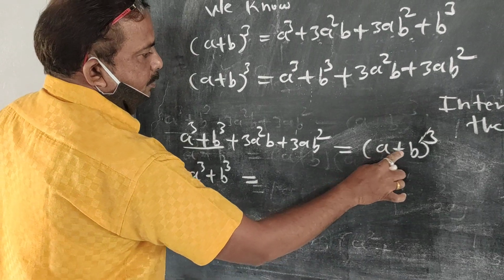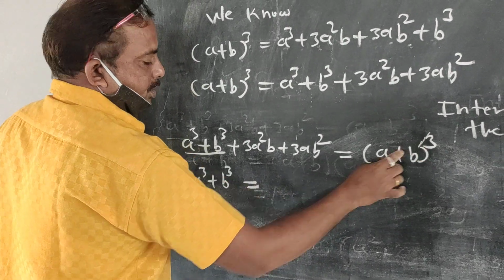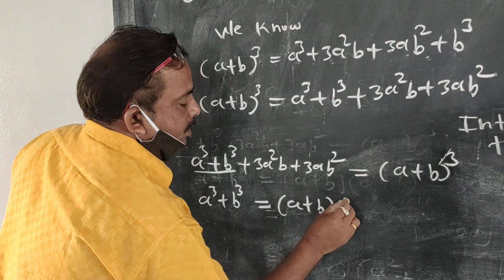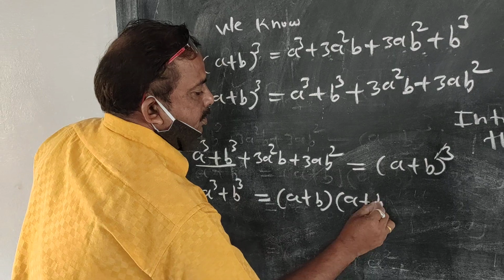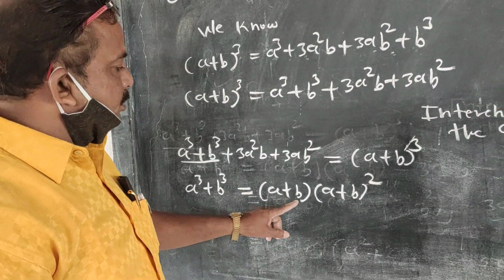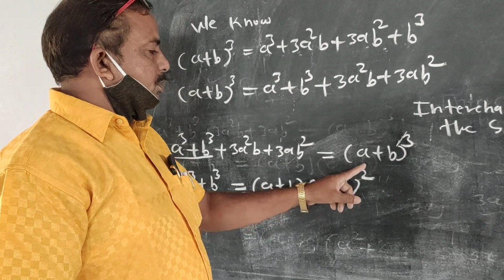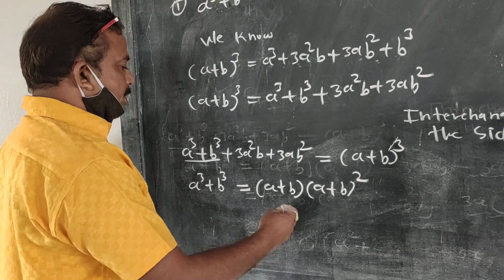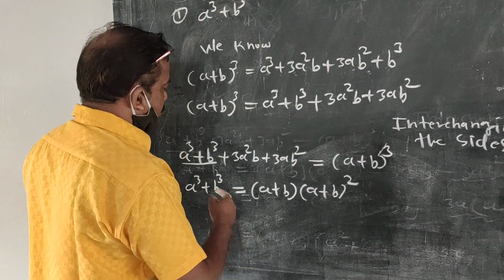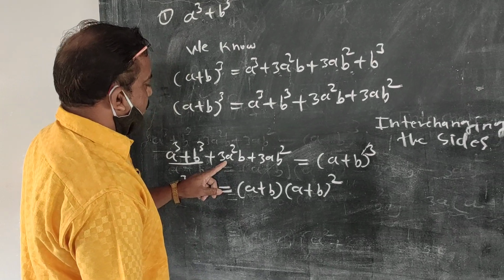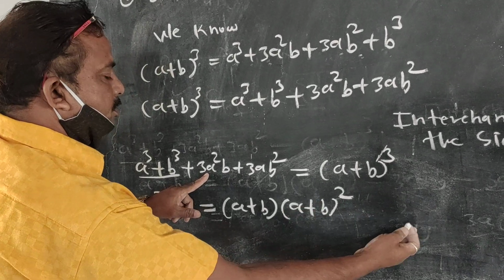So a plus b whole cube is here, so we will write a plus b in the first bracket and a plus b whole square in the second bracket, because a plus b times a plus b whole square is a plus b whole cube, the value doesn't change. We can write it from the factorization, and the remaining terms we will write on that side.